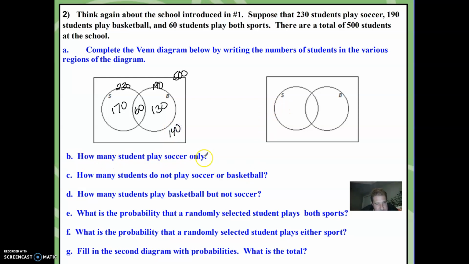How many students play soccer only? That would be 170. I'm going to skip all these because I've basically answered all these questions already as I was discussing. This is the people who play soccer only. This is the people who play both. This is the people who play just basketball. And these are the people who don't play either.